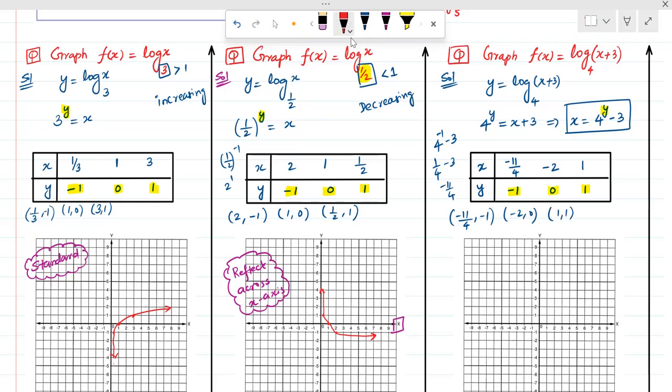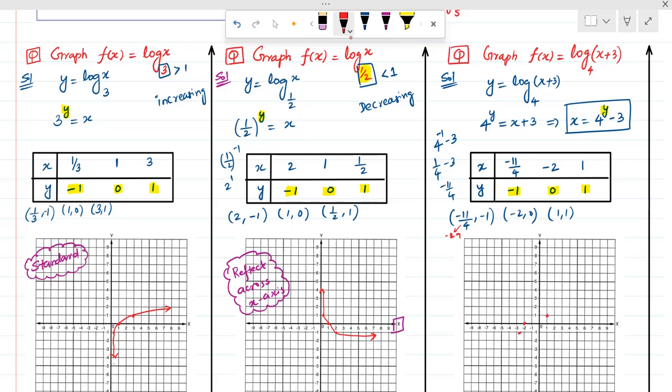Now I have to plot the points on the graph. The first one is approximately minus 2.9, so the x value is minus 2.9, near to 3, and the y value is minus 1. It will be here. Now the next one: x equals minus 2, y equals 0, then x equals 1, y equals 1.